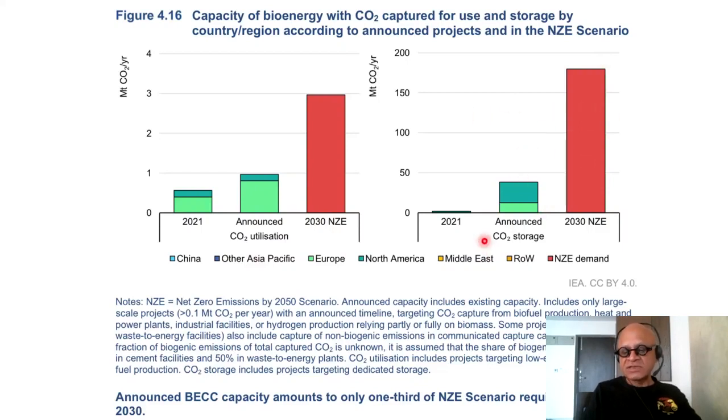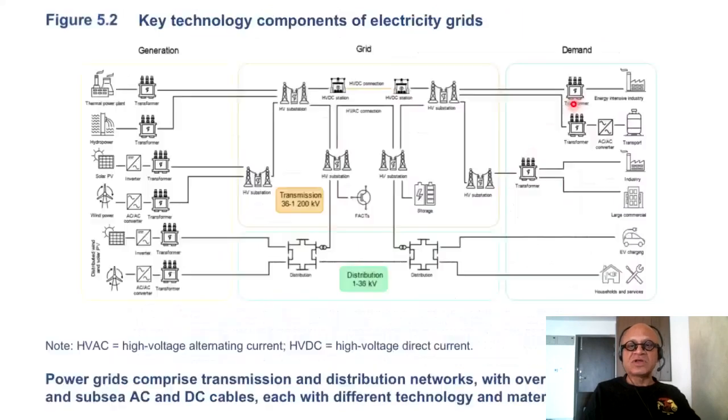Many countries are still mapping the potential sites, so announced BECCS capacity amounts to only 1/3 of the net zero emission scenario requirements in 2030. So the fact that it has to work and scale up is different from the fact that even the pledged scenarios are actually inadequate.